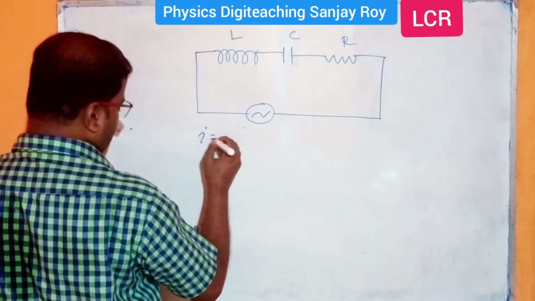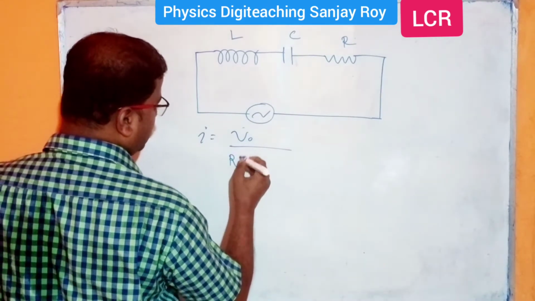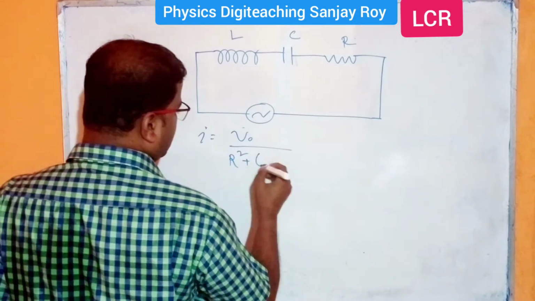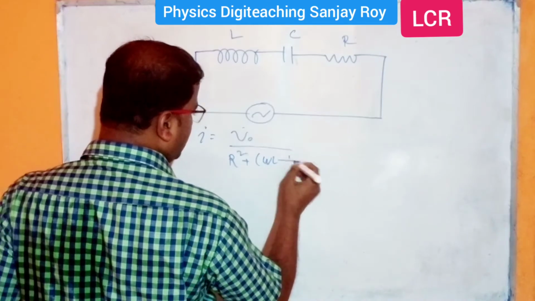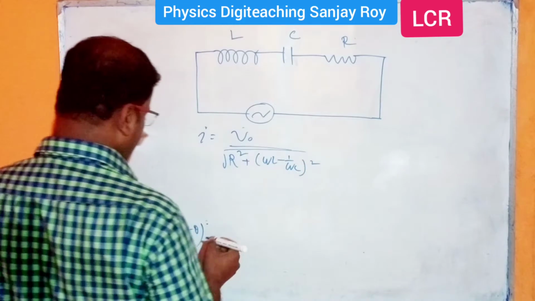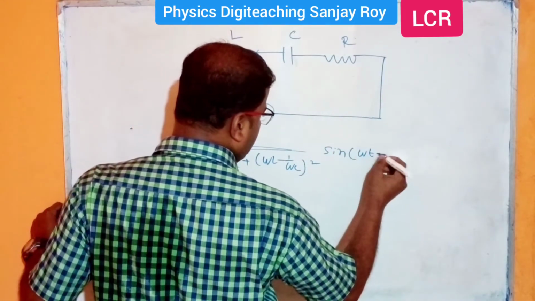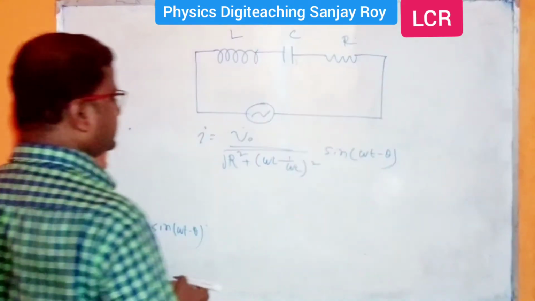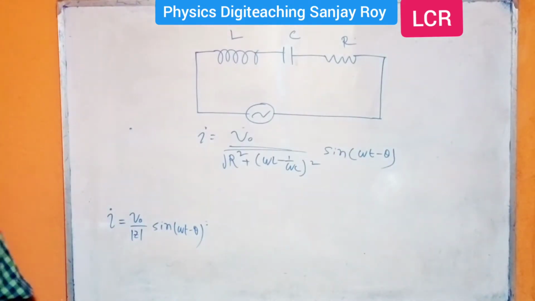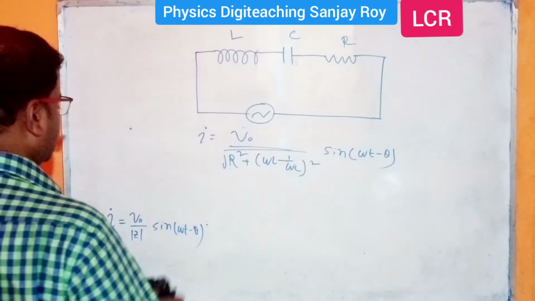Or I equal to V0 by mod Z, which means under root R square plus omega L minus 1 by omega C whole square, sin omega t minus theta. This is our instantaneous current in the series LCR circuit.